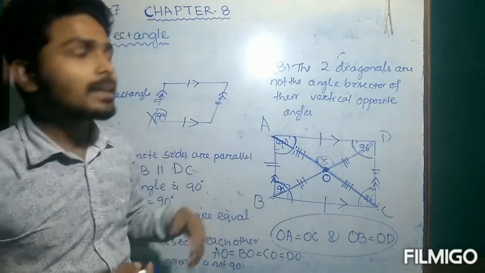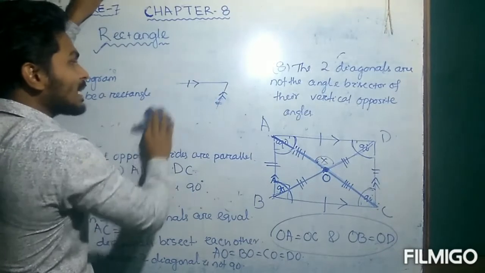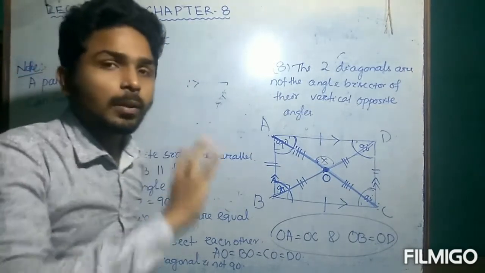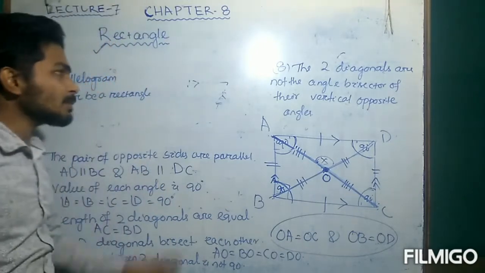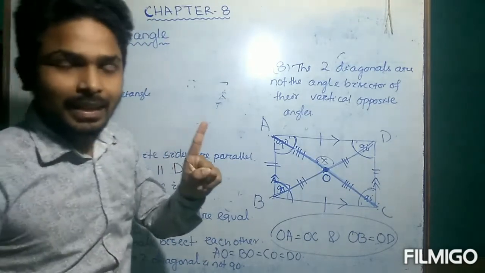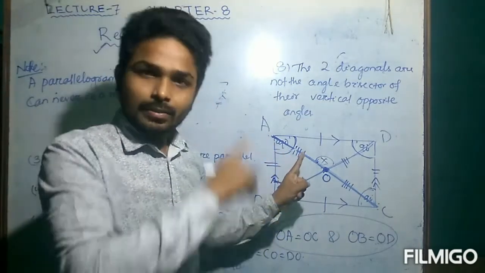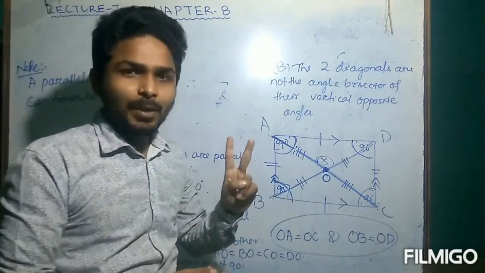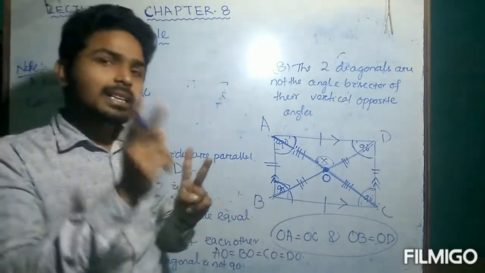Now our second question is, can a rectangle be a parallelogram? Is it true or false? Let's find out. In order to be a parallelogram, a rectangle must follow all the compulsory properties of a parallelogram. Yes or no? Yes. So what are the three basic properties of a parallelogram? The first property is that it must be a quadrilateral, and a rectangle is also a quadrilateral. So the first property is satisfied. Second property, the pair of opposite sides of a parallelogram are equal.